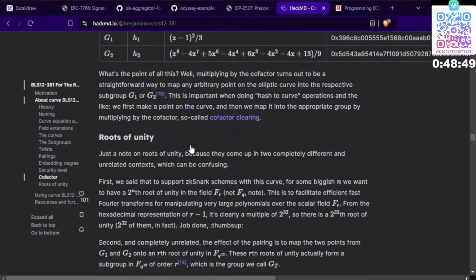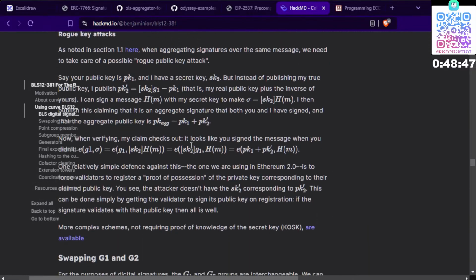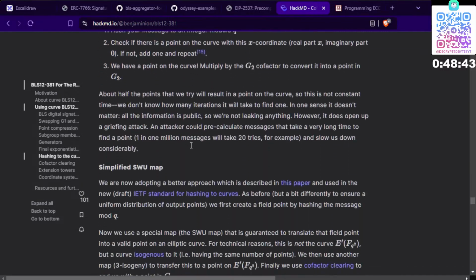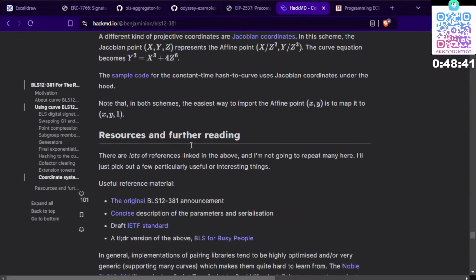So this whole stream will be reading this and understanding how this works.